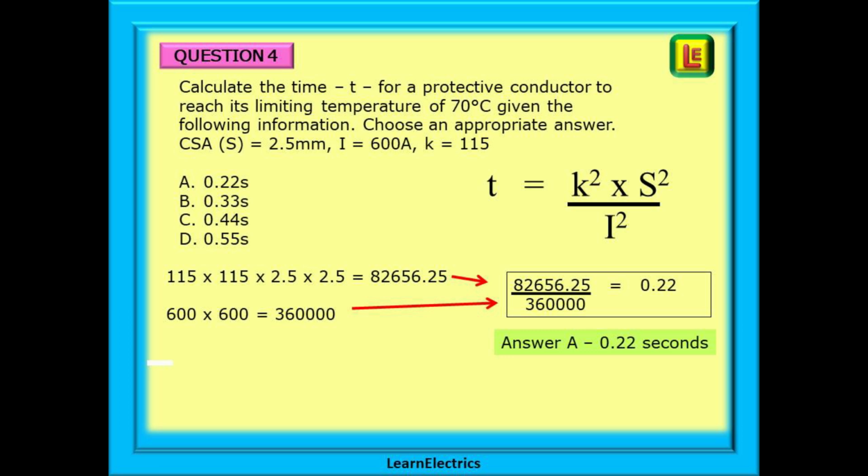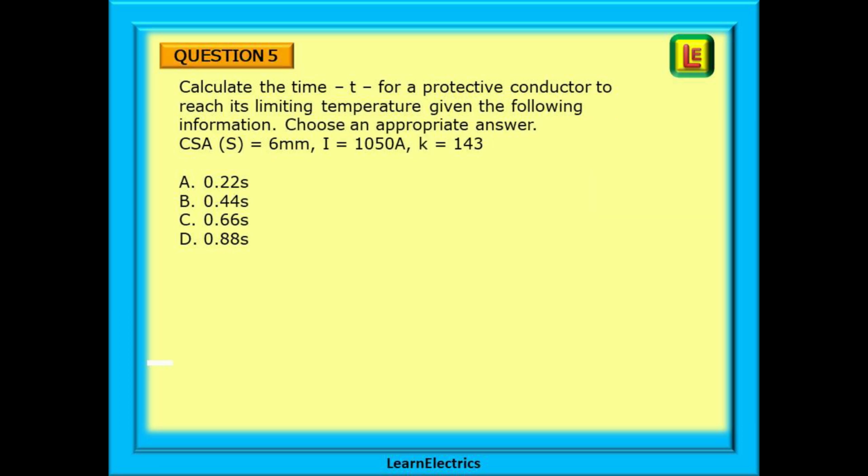Clearly, if the circuit breaker operates in 0.4 seconds, this cable has reached its limiting temperature long before the breaker cuts the power, and the cable may now become heat damaged. Question 5 asks that we calculate the time for a protective conductor to reach the limiting temperature. Given the following information, choose an appropriate answer from those offered. The CSA is 6 mm, I is 1050 amps, and K is 143.